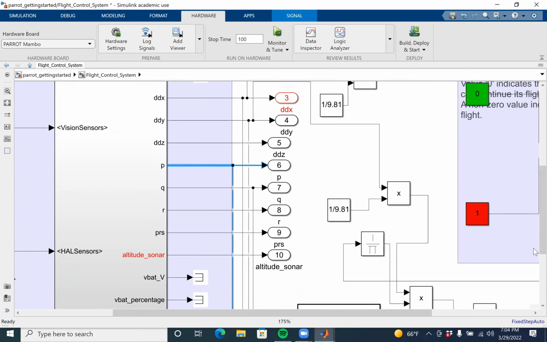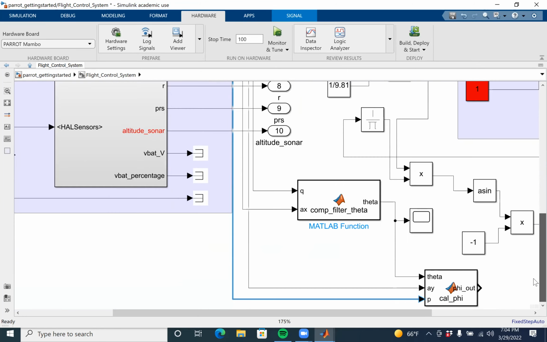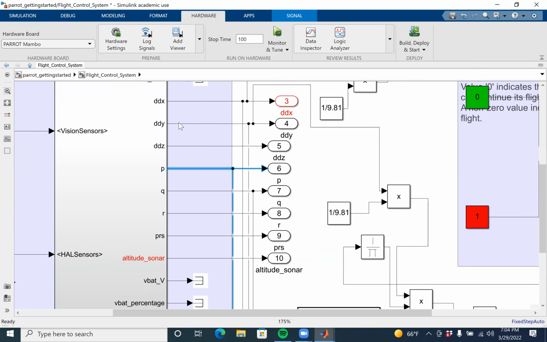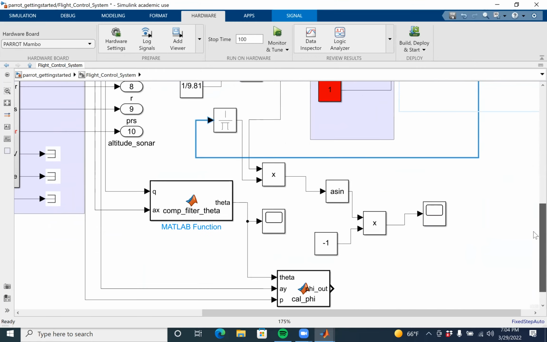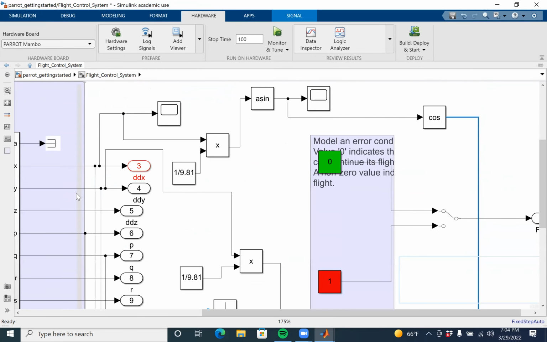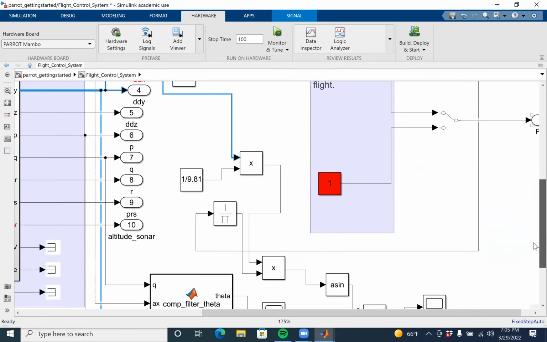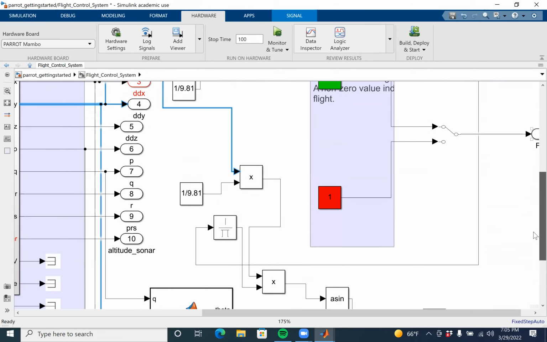P is connected to P. AY, DDY is connected to AY.